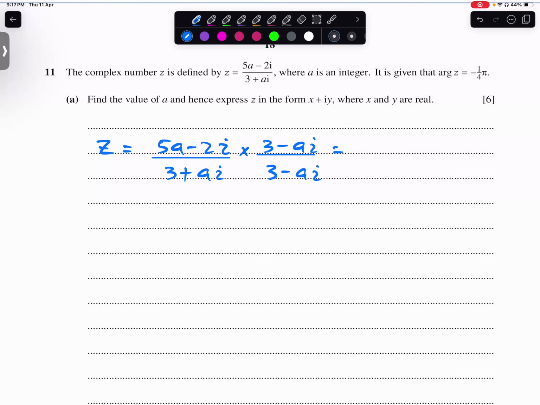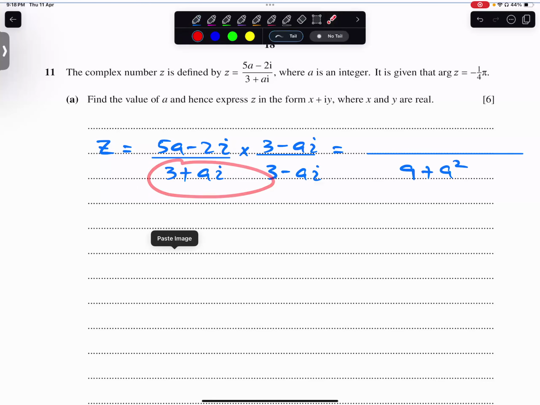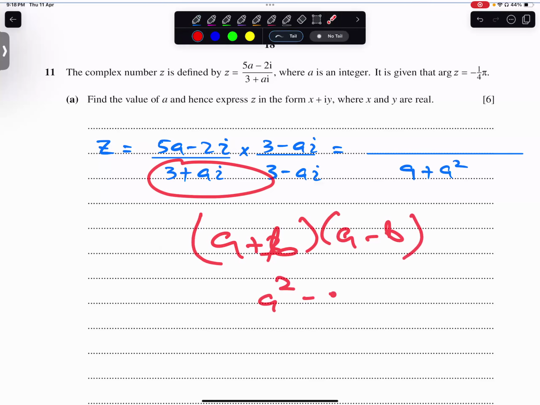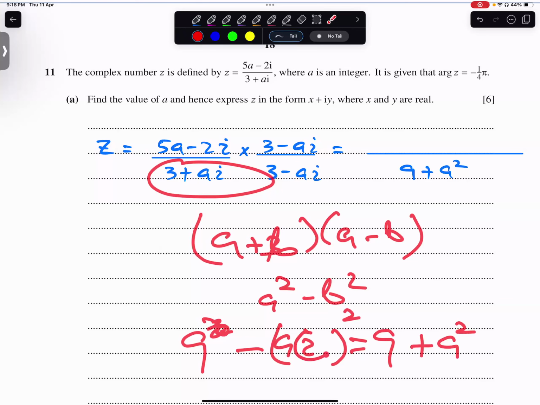So denominator will become 9 plus a square, directly using what? Using (a plus b) into (a minus b), so that is a square minus b square. Okay. So 3 square minus (ai) square will be 9 plus a square, because i square is minus 1.